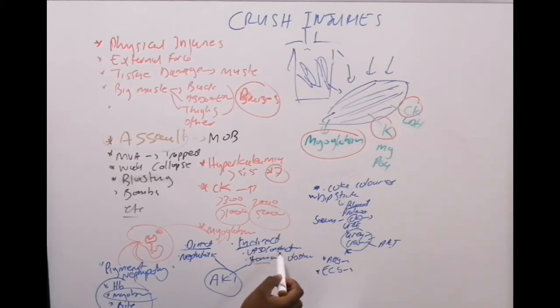And we said that they get vasoconstriction. So if you've got vasoconstriction and you already have hypotension, that kidney is going to die, because you've got two factors that contribute to a pre-renal failure. Vasoconstriction, we know, is caused by myoglobin and its metabolites.